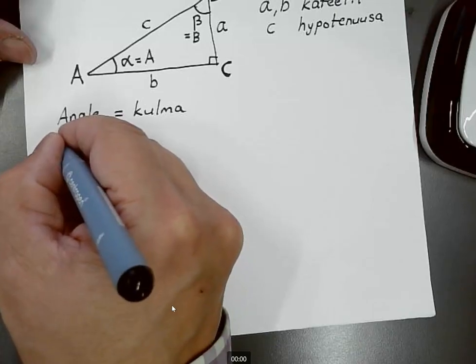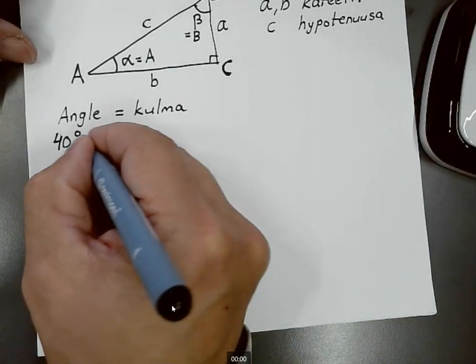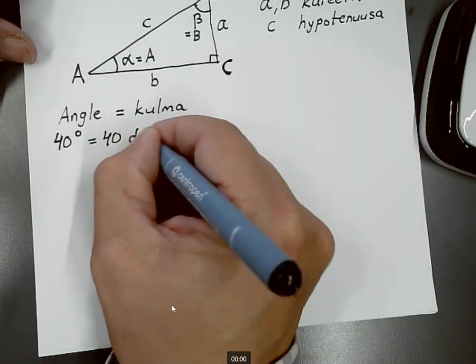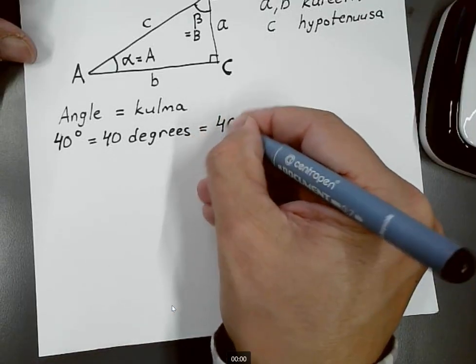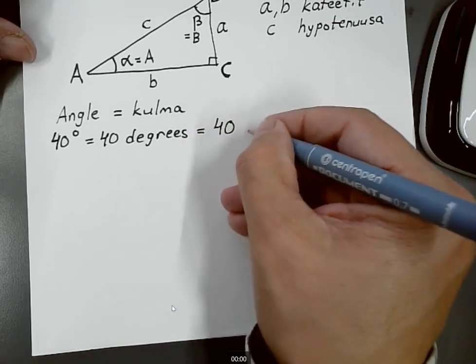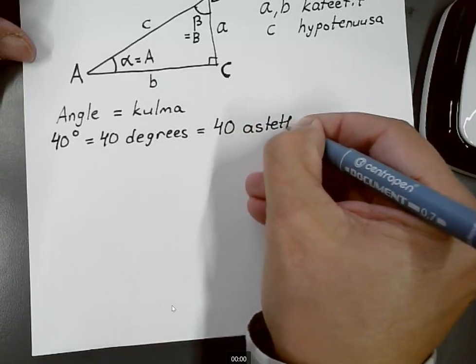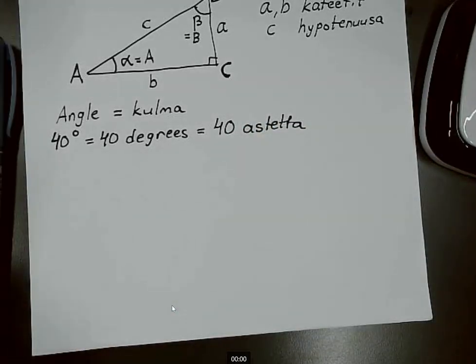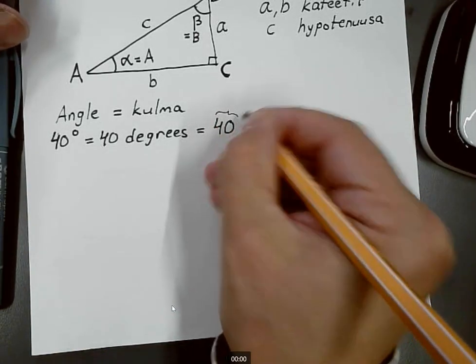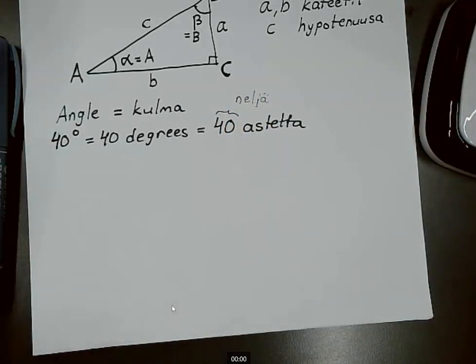For example, 40 degrees. This is in Finnish 40 astetta. Neljäkymmentä.